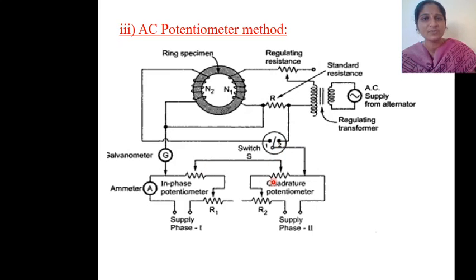and quadrature component. The in-phase potentiometer gives the in-phase voltage, and this in-phase voltage divided by resistance gives you the in-phase component of current, and the quadrature component of current will be equal to the quadrature potentiometer reading divided by the resistance.